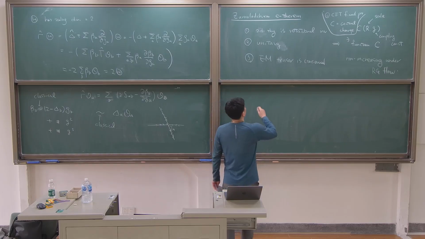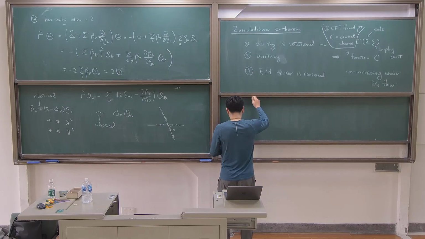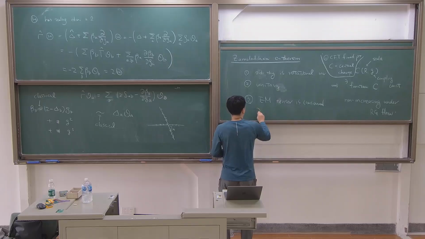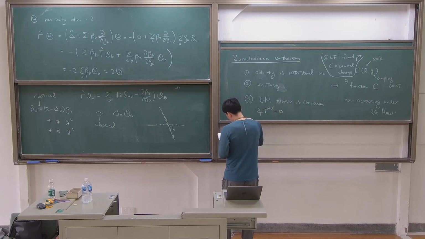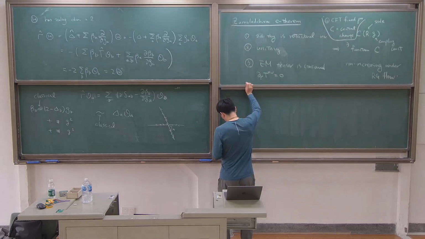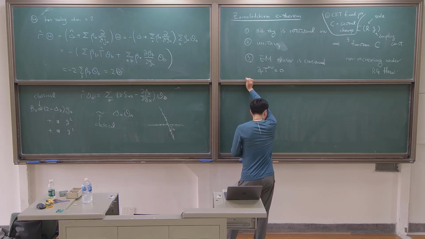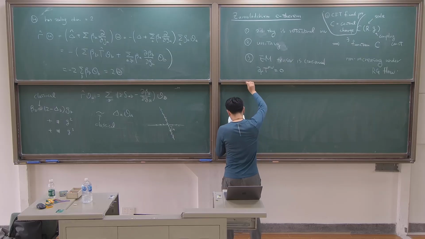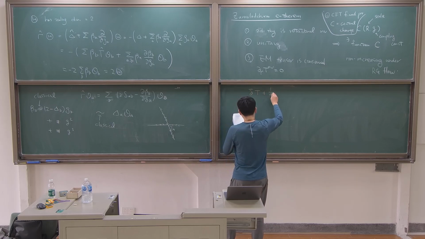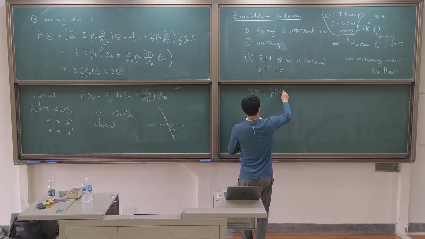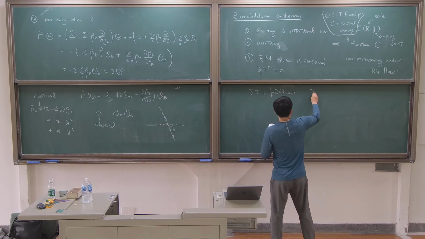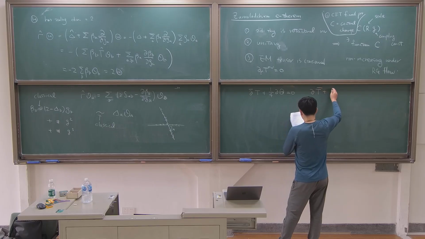Let's begin with assumption number 3, which says T mu nu is equal to 0, meaning the energy momentum is conserved. This can be written as follows: del bar T plus 1 over 4 del theta equal to 0.